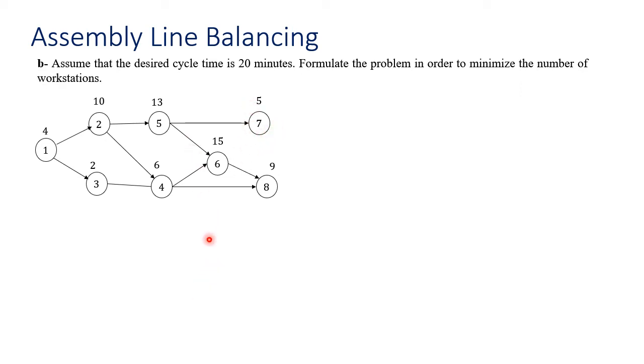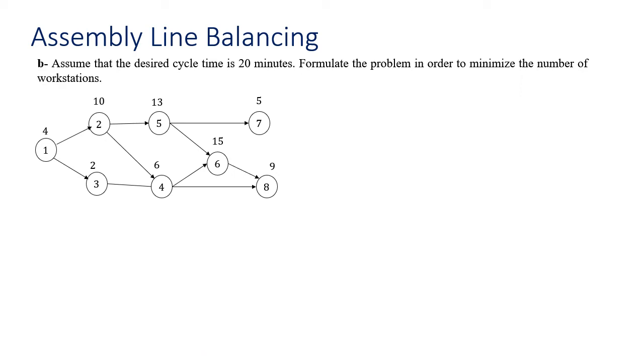So this problem formulation again has similarities with the previous one, but also has differences. In order to formulate this one, yes, we need to decide on how many workstations we are going to use, but we need an upper limit on the number of workstations.